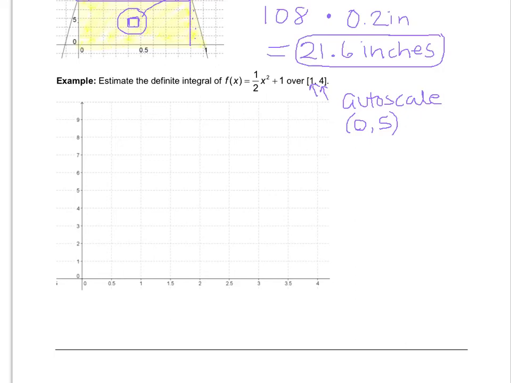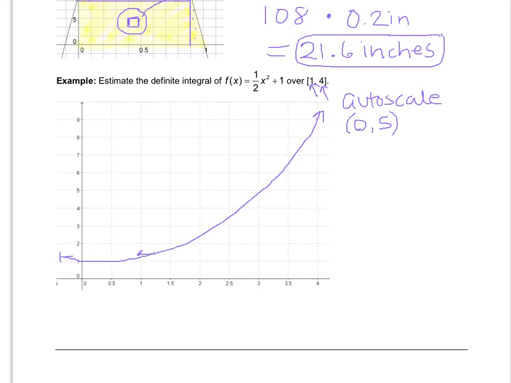I'm getting a graph that looks something like this. Forgive me, I know it goes through here, and it's going to go through about here, and I'm going to sketch this as best I can. And I know it comes back down and goes like that. Well, that's the best I can do for now.